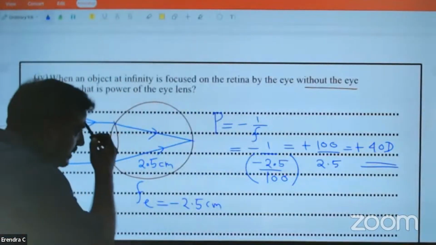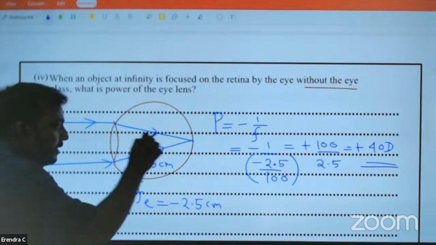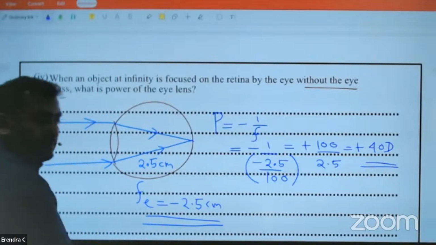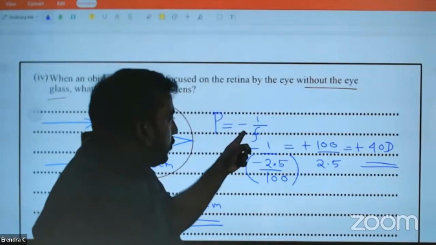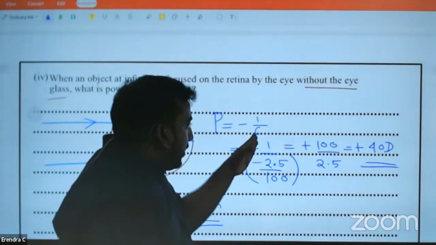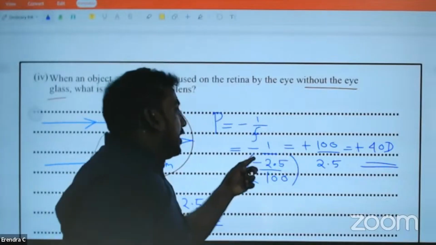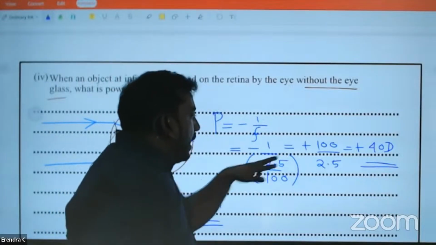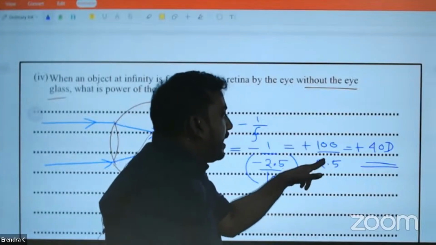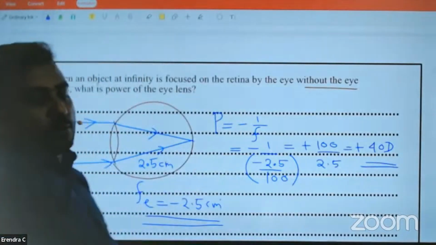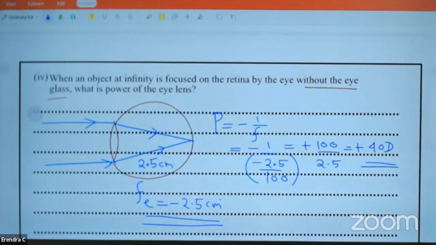So right now, common sense, light rays coming from infinity will converge, means these are convex lens. Convex lens means that's your focal. Once you know that is the focal, substitute there. Minus 1 over f. F is minus 2.5, don't put centimeter, meter. 2.5 divided by 100. Minus minus plus 100 divided by 2.5, jump a decimal. 1000 divided by 25, 40. 40 diopter.